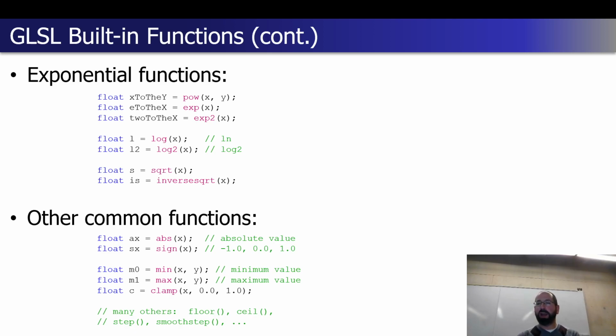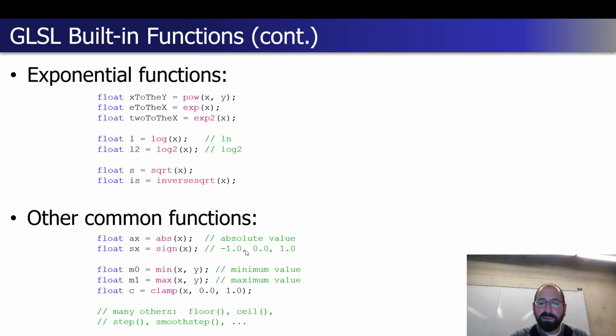If you find yourself writing a lot of lines of shader code to get a particular effect, you're probably missing something that's already there that does it quite a bit simpler. So it's not just the calculator functions, it's also things that would otherwise require perhaps more branching in your code or just more lines of code, things like absolute value.